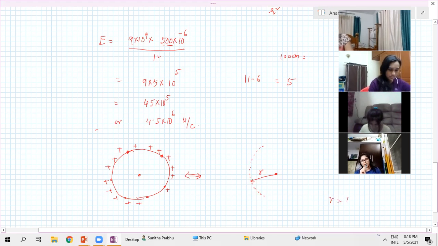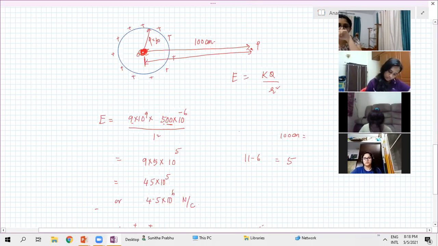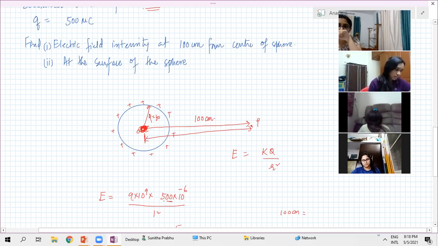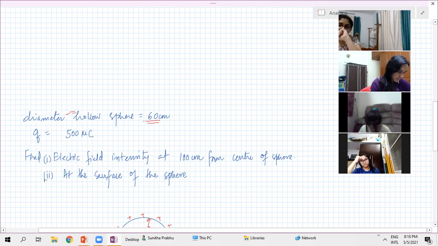So R becomes 15 centimeters. No, sir, R will be 30. Diameter is 60, yeah. Yes, sir. My bad. I somehow by mistake wrote phi is equal to 30. Phi is for diameter. No, R is equal to 30. Diameter is 60, so R is equal to 30.